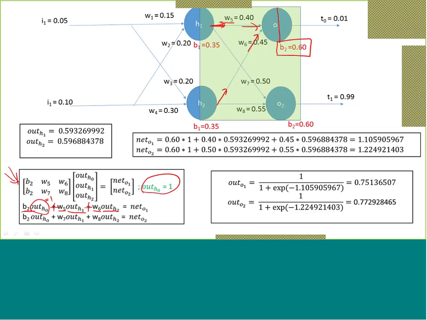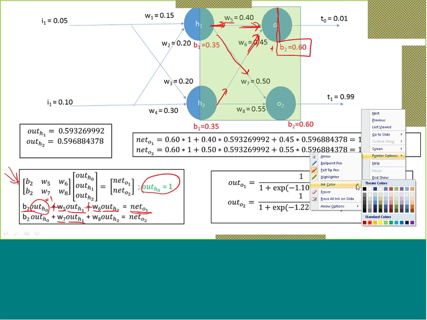So this is the first input I am getting, the second input I am getting, I am adding bias to it, and this is my net input to O1. Similarly, I will take out H1 multiplied by W7, and out H2 multiplied by W8. Let's switch the color for a while.